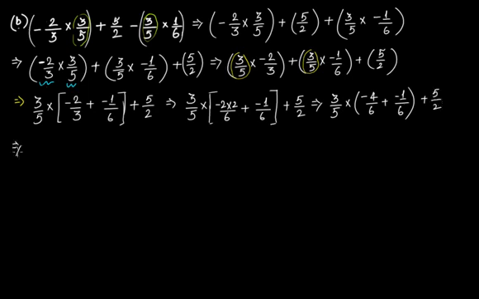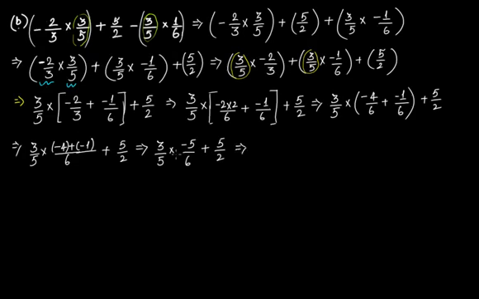Here 6 is the same in both the denominators. So this becomes 6. This is minus 4 plus minus 1 plus 5 over 2. Now this becomes 3 over 5 times minus 4 plus minus 1 means minus 5 over 6 plus 5 over 2.